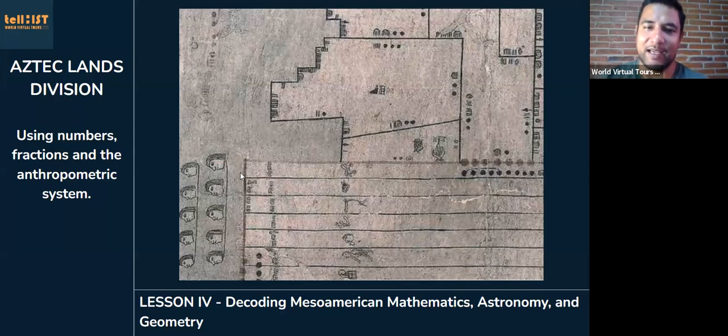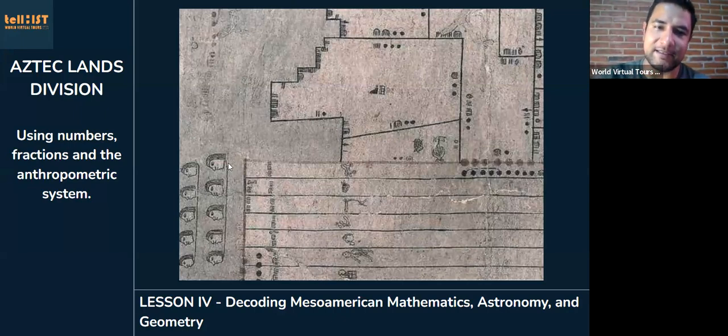So they created this system, and we will see different symbols. They use lines in this case for the measuring of the different lengths here. In this case, the dots will be the number 20, but always it depends on the position. In this case, they could measure and they could write in a horizontal system.